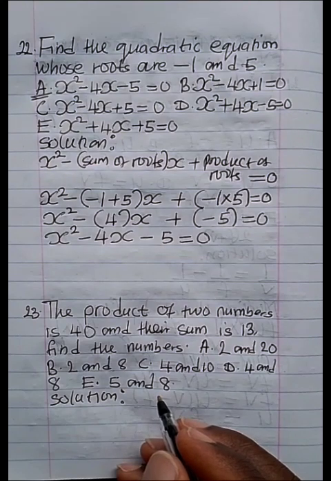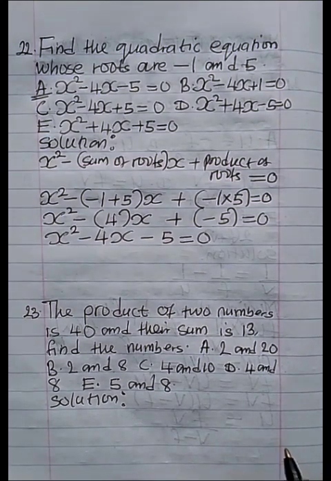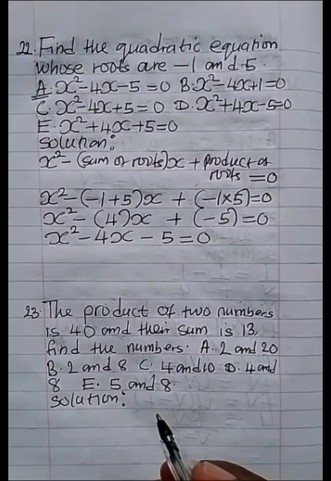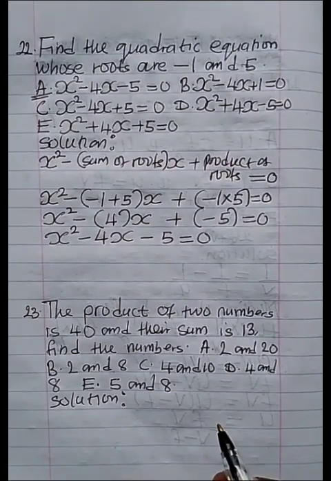When we solve both simultaneously, we are going to have a quadratic equation. But because it is an objective, we can use logical reasoning to obtain the two numbers.